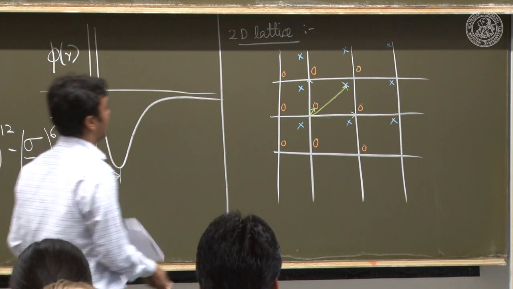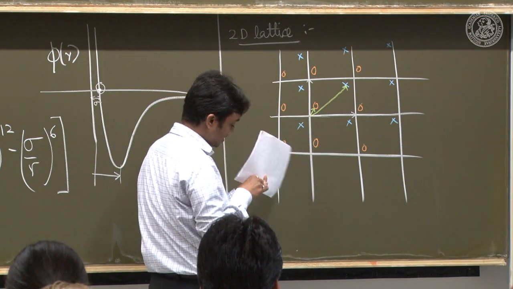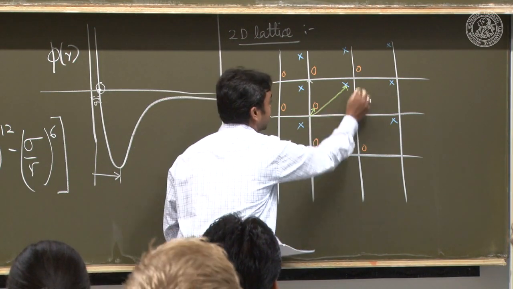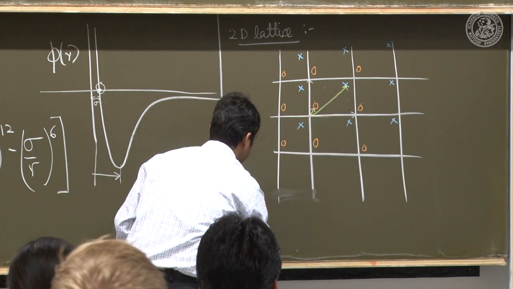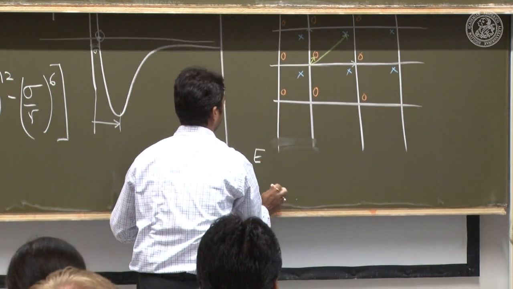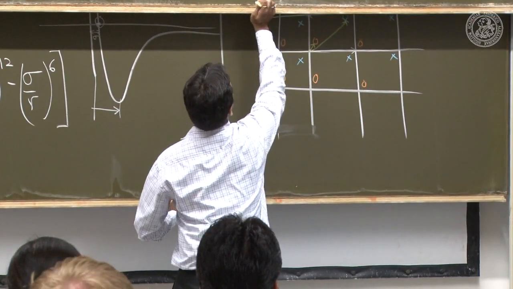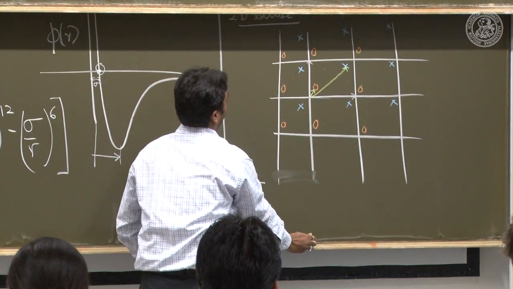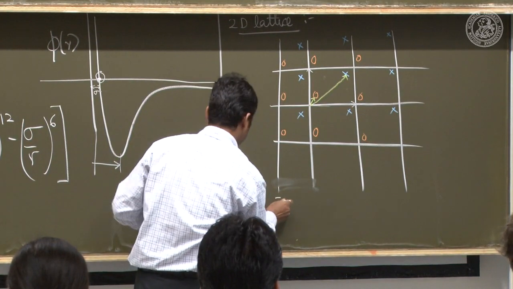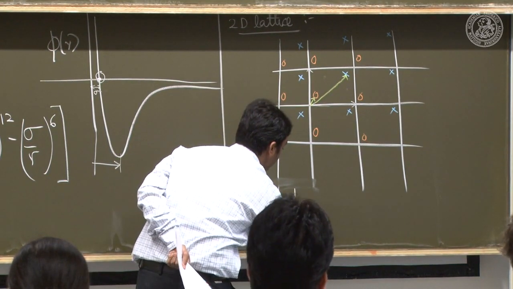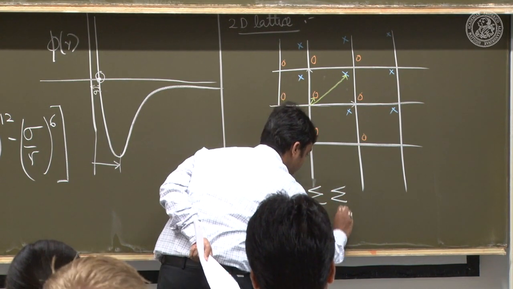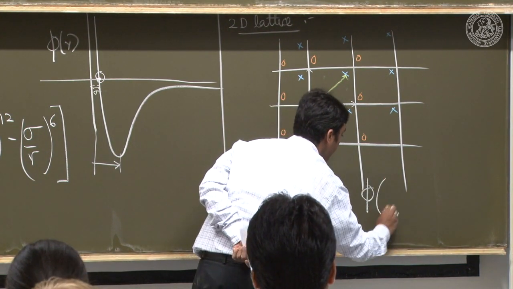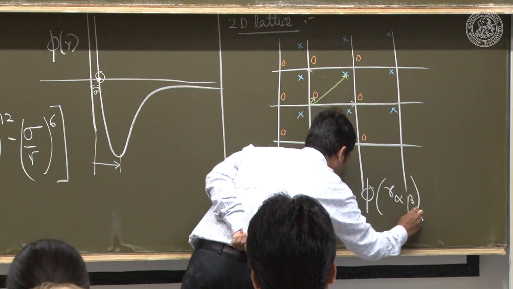If I want to write the energy of this smallest unit cell, I'll write E is half of summation alpha, summation beta, phi of r alpha beta.